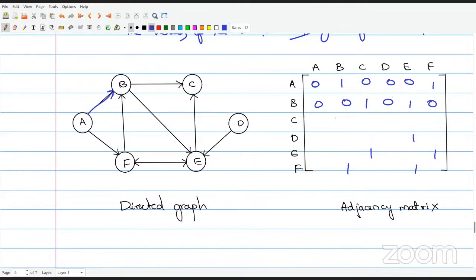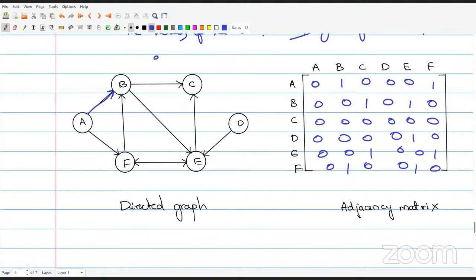Correct me if I am going wrong. We are only considering outgoing edges. These are outgoing only, so from row to column.